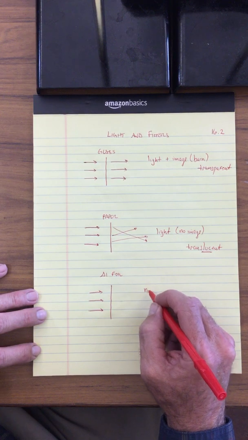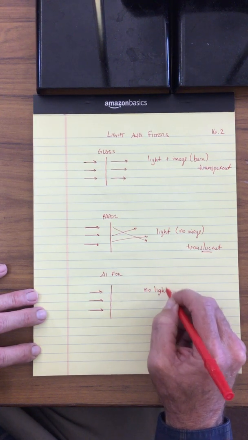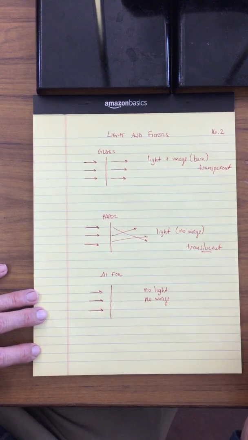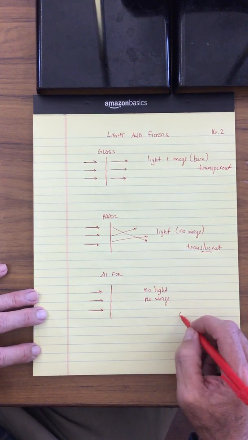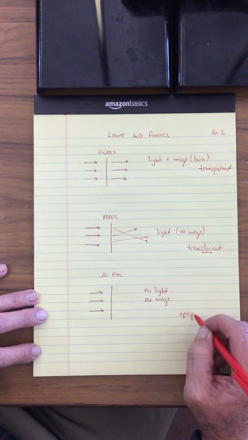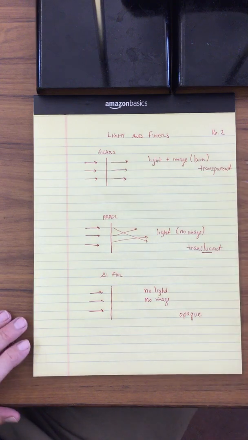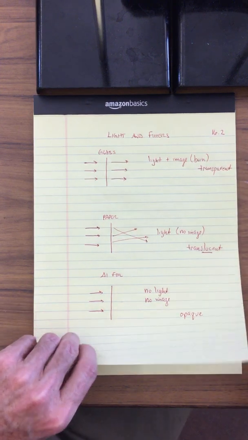So in this case, you get no light going across, and you get no image going across either. This is an example of something that would be opaque. Opaque objects do not allow light to pass through them. So those are the first three different types of filters.